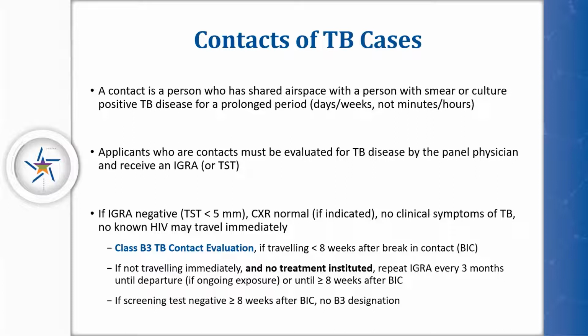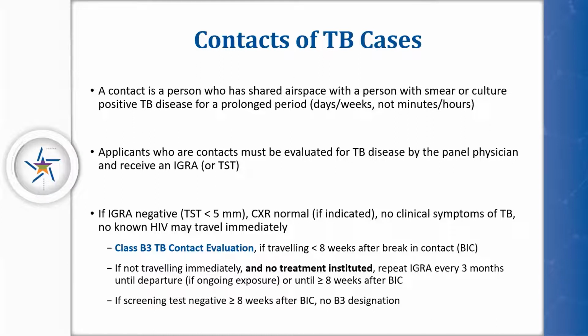So this is the class B3. This is a TB contact evaluation. If they're traveling less than 8 weeks after the break in contact, that's a class B3 TB evaluation. That means that when they get stateside, they need to have that test repeated.